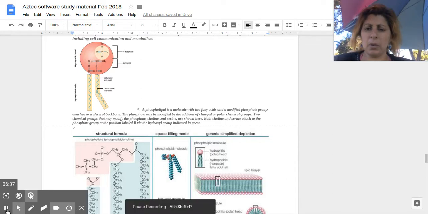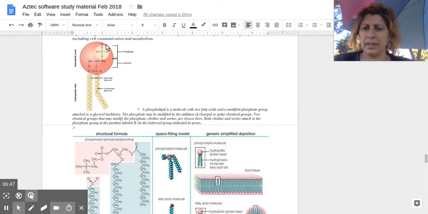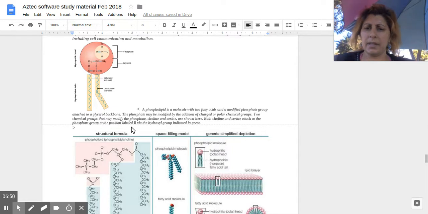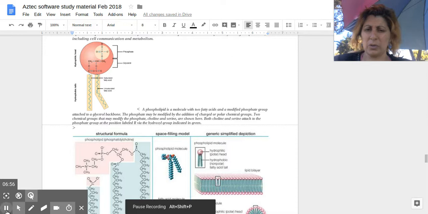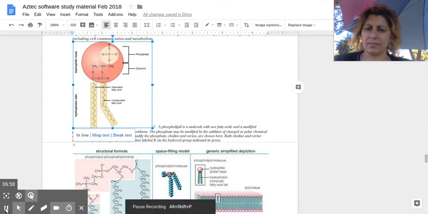For example, choline and serine may modify the phosphate group. They are labeled as R, and they bind the phosphate via hydroxyl groups, the OH group. So the R is right here.